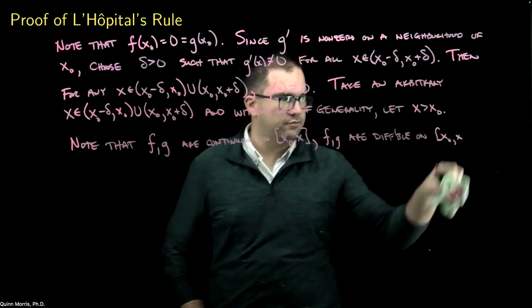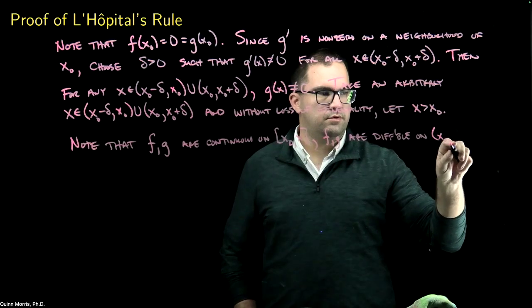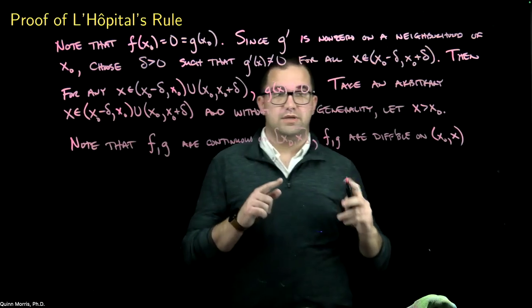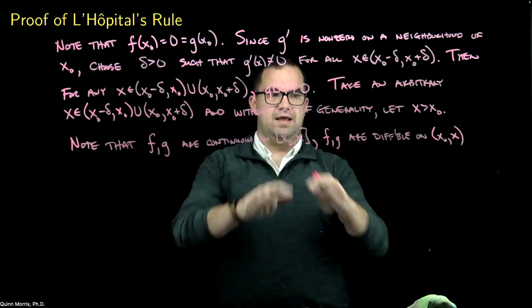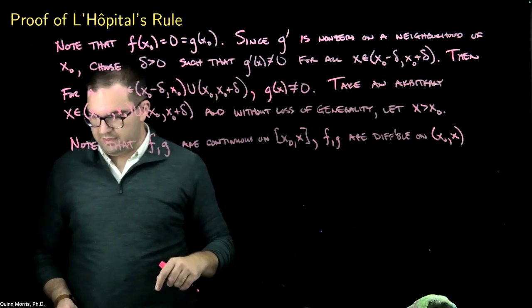Oh, sorry, that should be the open interval. And how do I know this is true? f and g, I'm assuming, are continuous on the whole interval a b. This is a subset of that interval. Same thing here, subset of a b. So we're all set there.